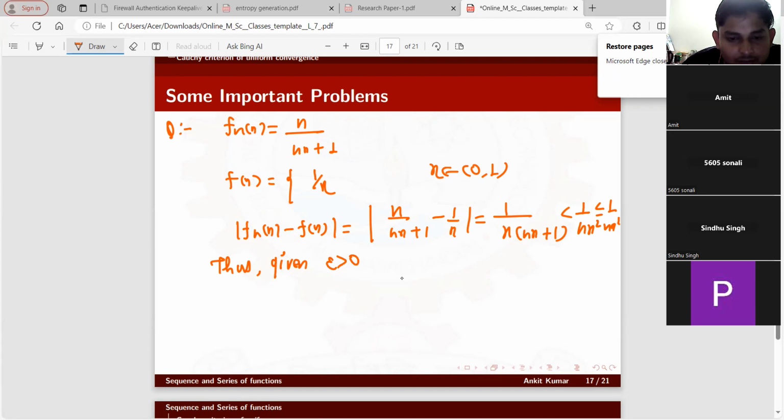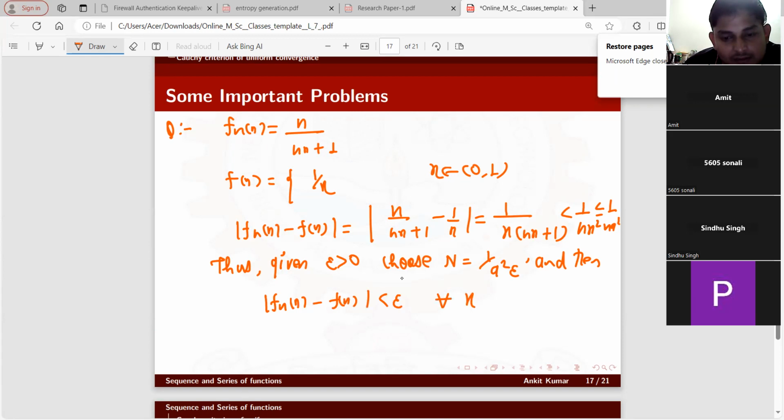Thus, given epsilon positive, choose N equal to 1/(a^2 epsilon), and then |f_n(x) - f(x)| is less than epsilon for all x belonging to A if n is greater than or equal to N, which proves it.